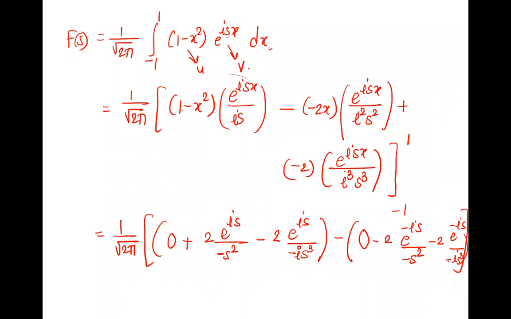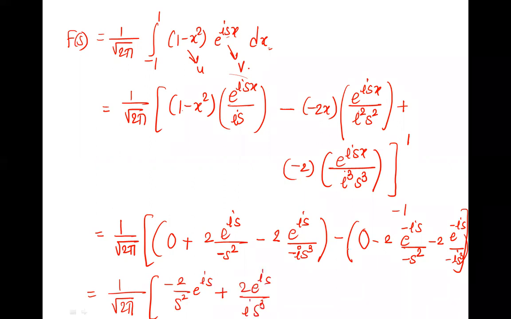If anything is wrong, please let me know, and we'll correct it if you are getting something different. Okay, so it is 1 upon √2 pi. This is minus, let me just collect: e raised to is, minus plus 2 e raised to is upon is cube, minus plus 2 e raised to minus is upon... no, minus plus, but outside is minus.